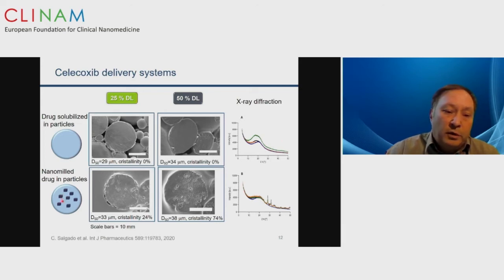In contrast, the nanocrystalline drug in particles shows an inhomogeneous cross-section with some crystals or crystal aggregates, with crystallinity of 24% for the 25% drug loading and 70% for the 50% drug loading. And crystallinity was confirmed by the appearance of celecoxib peaks in the XRD pattern.